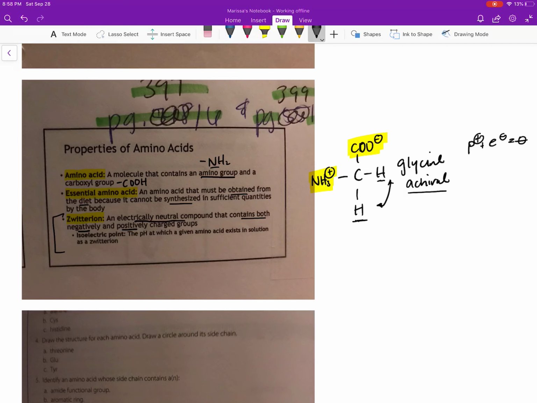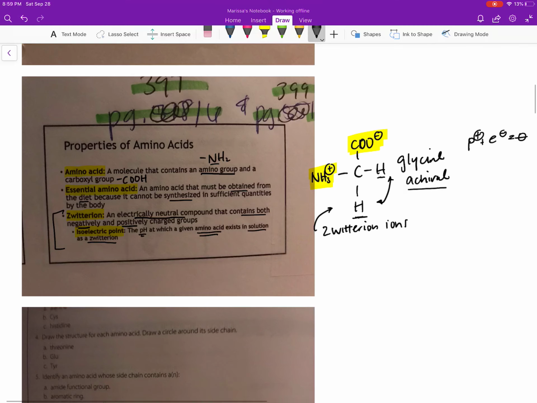Same thing here. So all amino acids, for the most part, can be examples of zwitterions. The isoelectric point is the specific pH at which a given amino acid will exist in solution as a zwitterion.